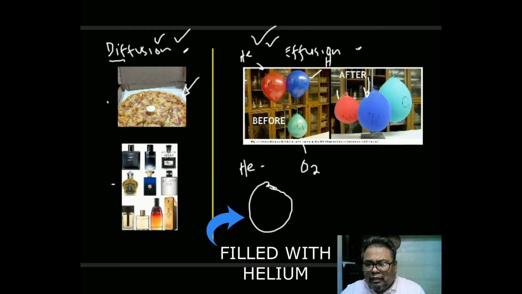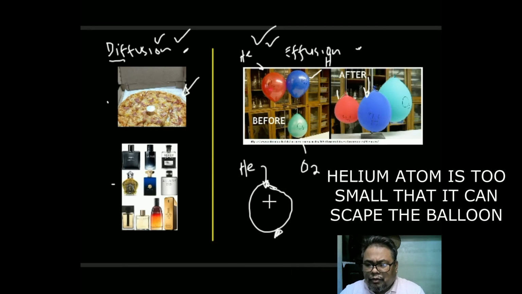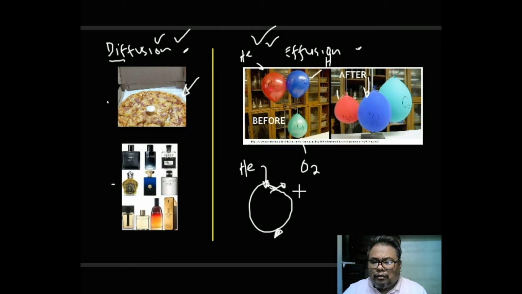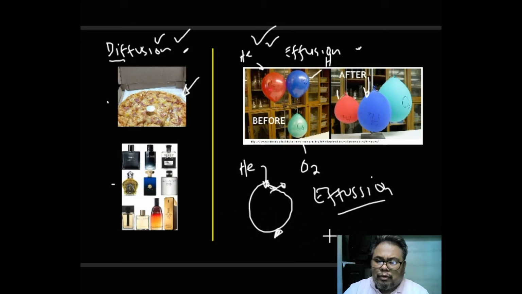The reason why it shrunk is because the molecules are so small that they can escape through the wall of the rubber balloon, and this is called effusion. It is where the molecules of gases escape through a tiny or very small hole, from a greater concentration going to a lower concentration.